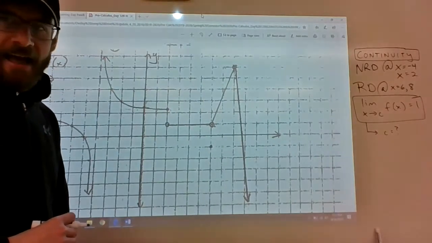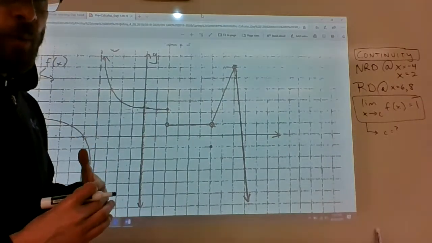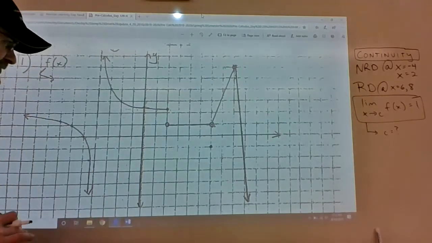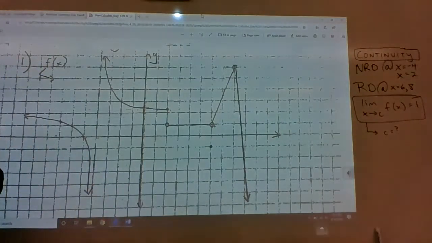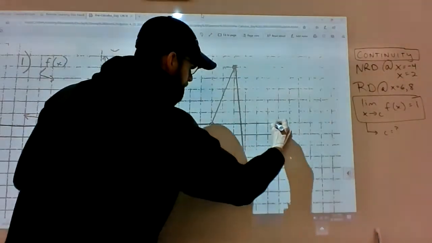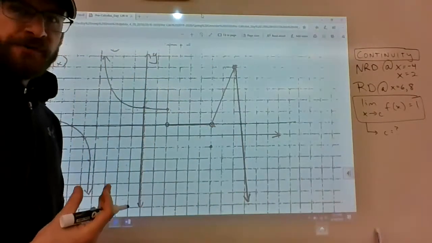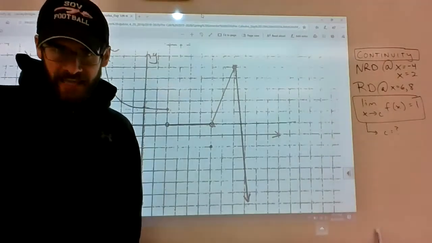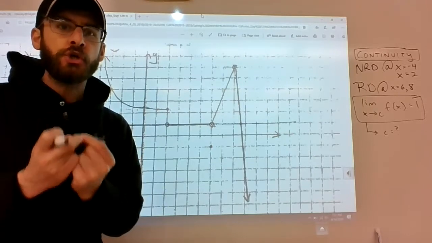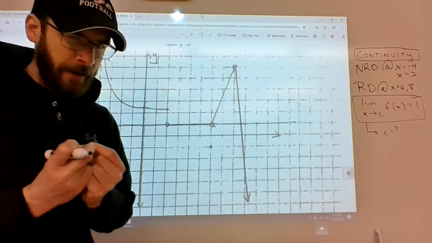The limit equals 1 where? So here's what I would do to start. I would just say, creating a horizontal line at 1, you're focusing on only those values where, from the left and the right, the limit converges to 1. So let's think about this.